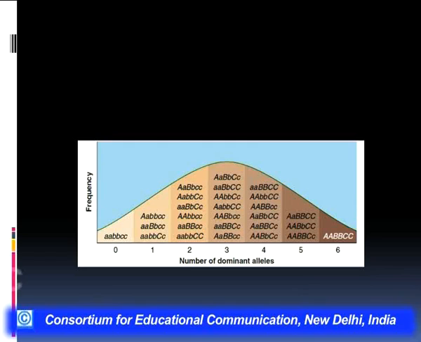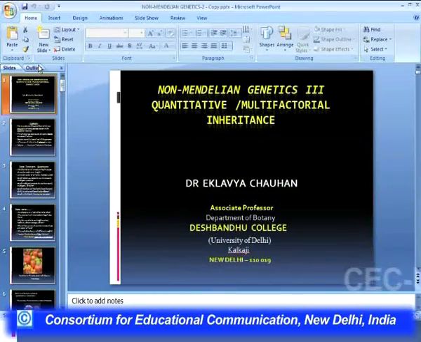And there is a typical bell shaped graph made here, which indicates no dominant allele, 1 dominant allele, 2, 3, 4 and finally all 6. So, we can see the gradation of skin color from white, very fair, fair, mulatto, dark, very dark and finally a Negro.